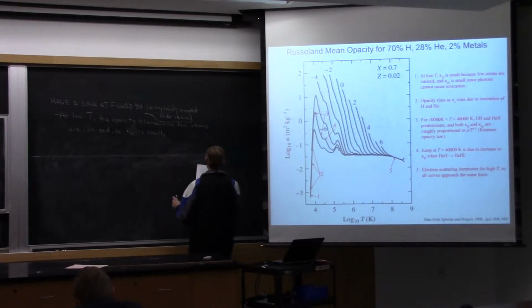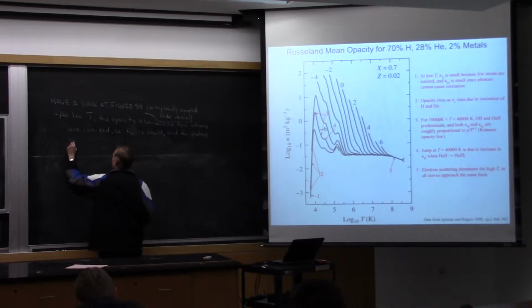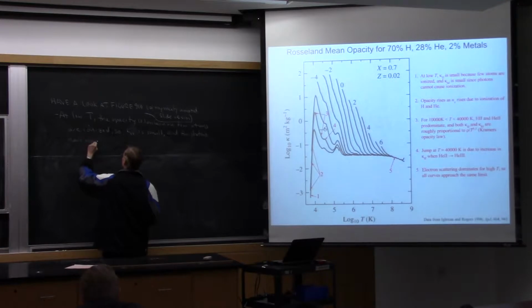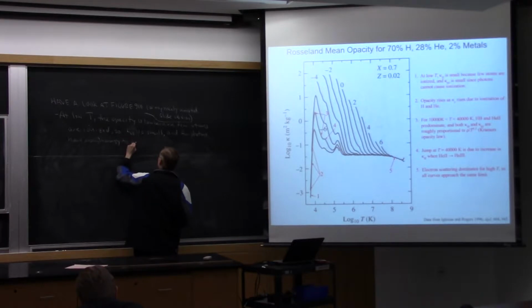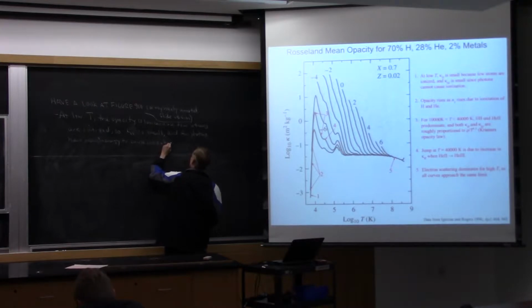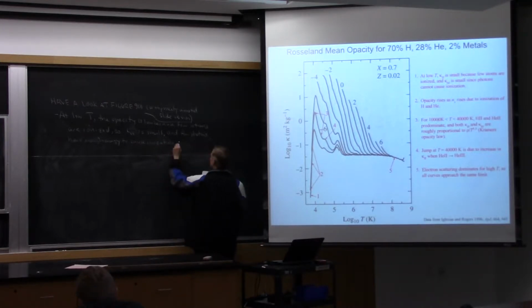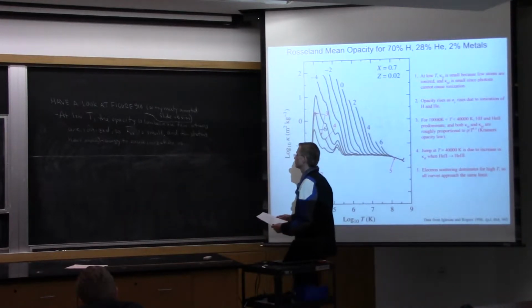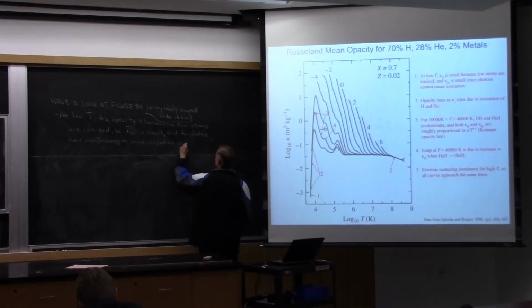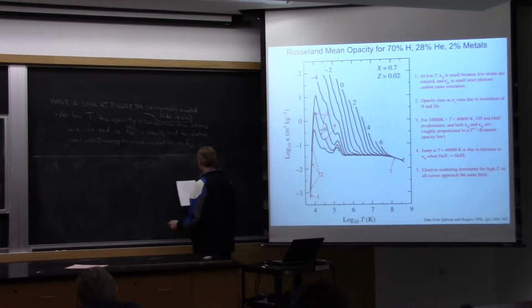And few photons have enough energy to cause ionizations. So I should put a bar on that. It's the mean opacity we're talking about. The Rosseland mean free-free opacity is small. So the Rosseland mean bound-free in the second case is also small.